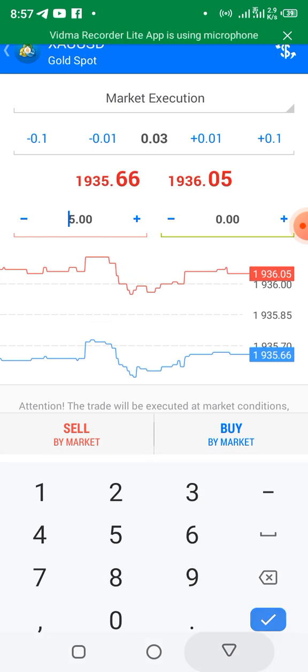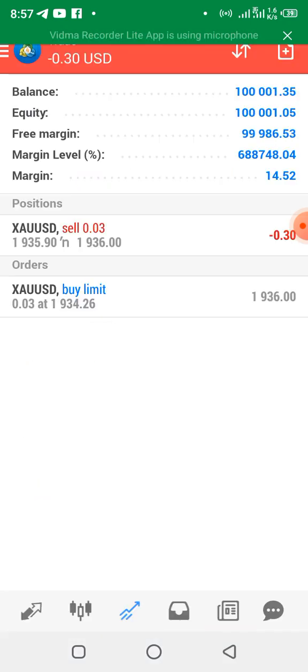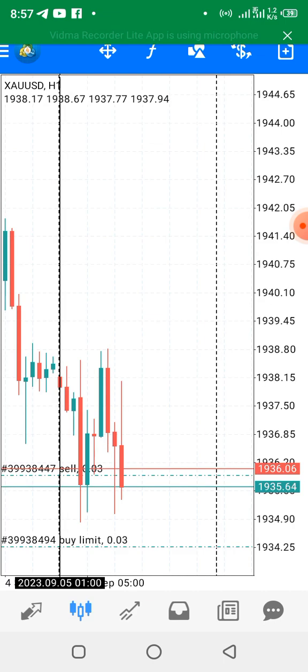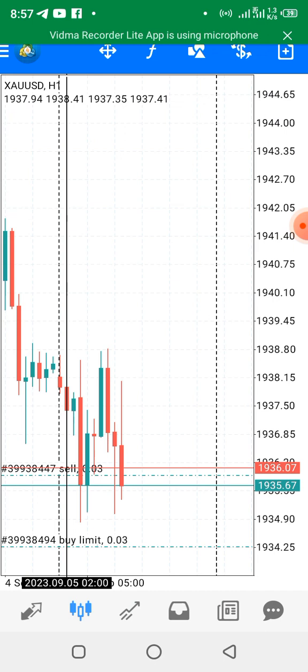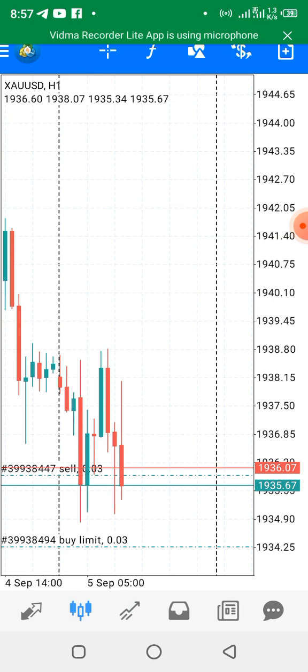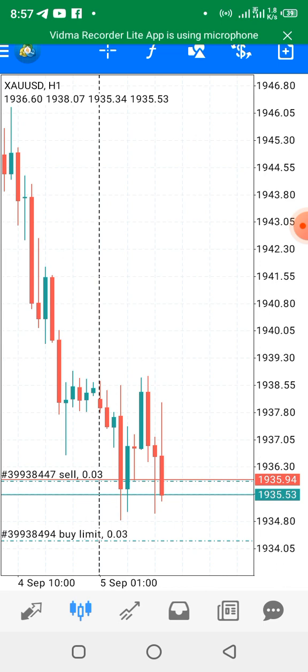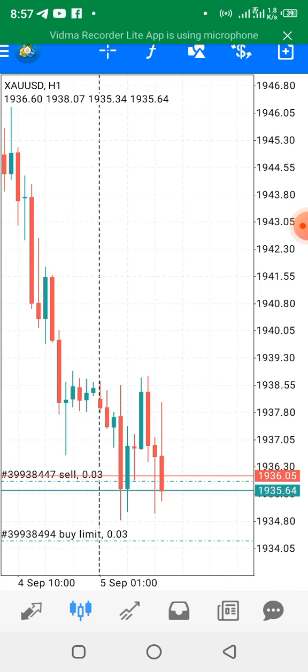Okay, we will take a trade here. I want to take a trade here. Now, we're already on a sell here. So we are saying that this market is going to sell.